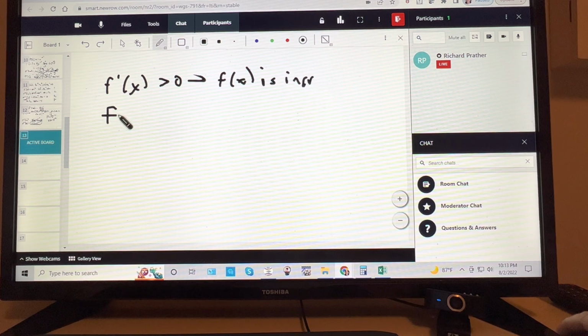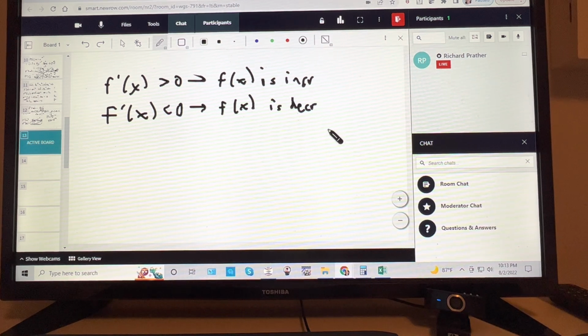If the first derivative is less than 0, then the original graph is decreasing. And if you change from increasing to decreasing or vice versa at a critical number, then you get a local max or min.